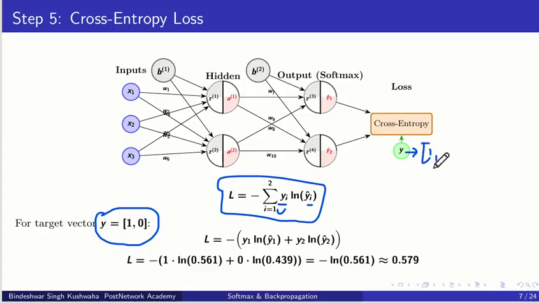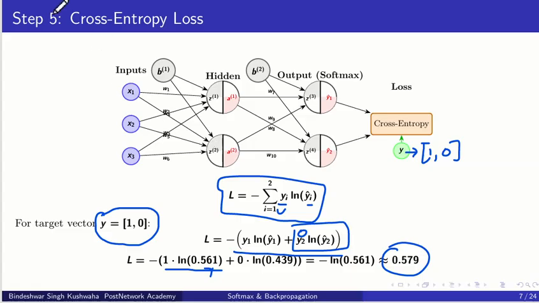That's why I have written 10. So the target is 10. That means y1 is 1 and y2 is 0. And we will plug in these values. This part will be 0 because y2 is 0. And in this part, 1 into log of what we have calculated for y1, 0.561, and we will get this loss.